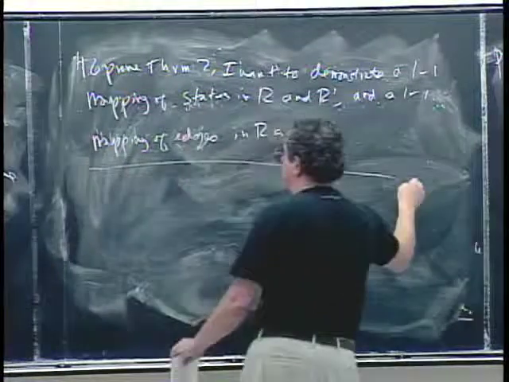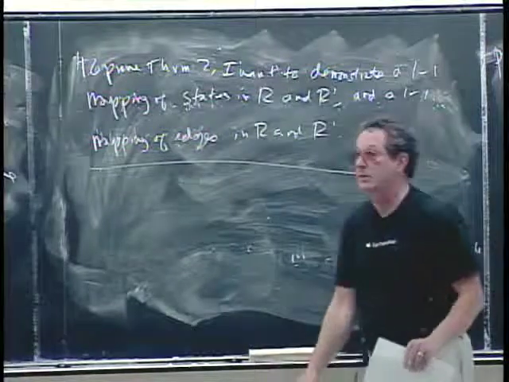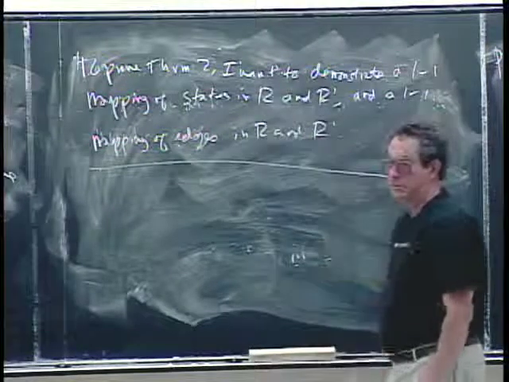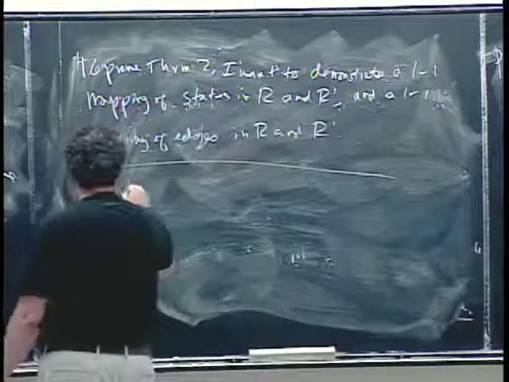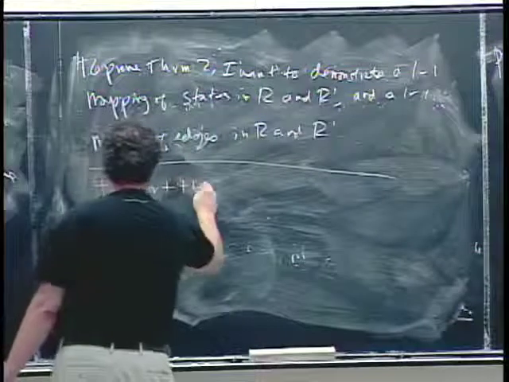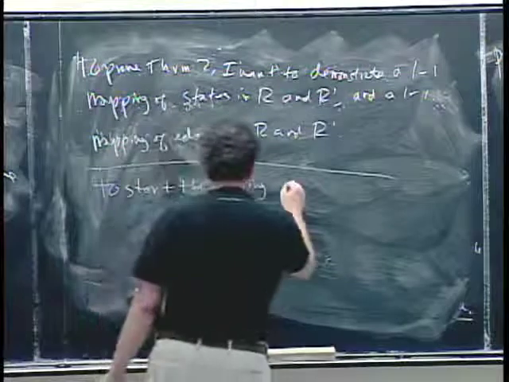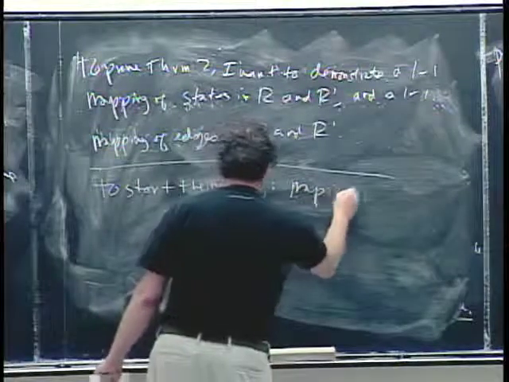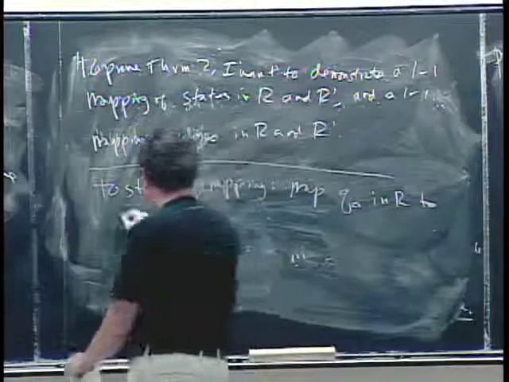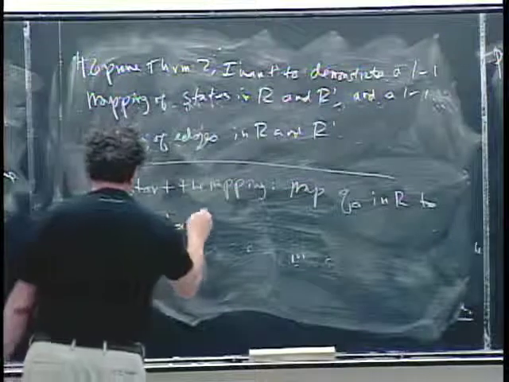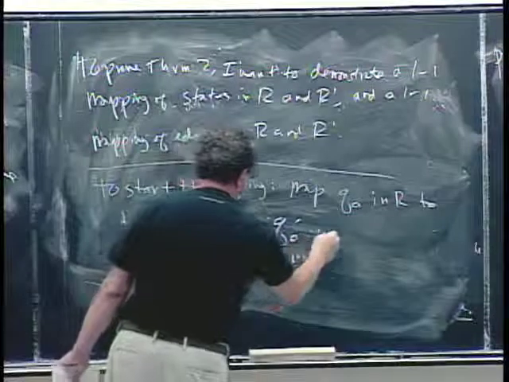And that one-to-one mapping has to show exactly how those two finite state machines, R and R prime, are identical. Okay. So to start that mapping, we're going to map the start state Q0 in R to the start state Q0 prime in R prime.